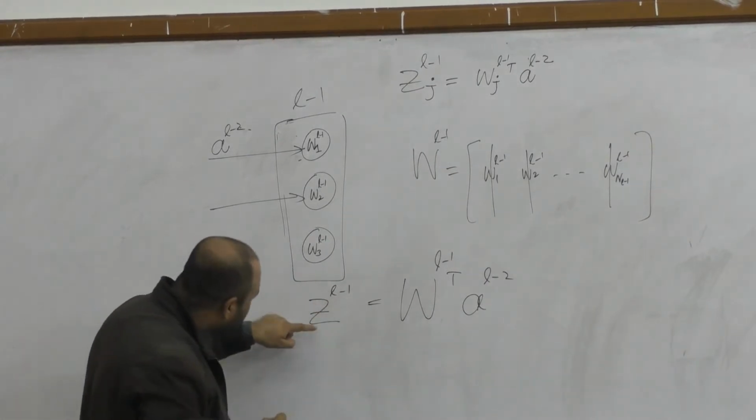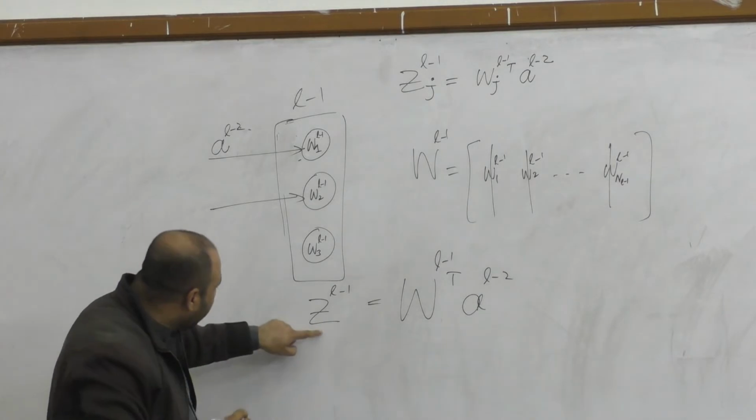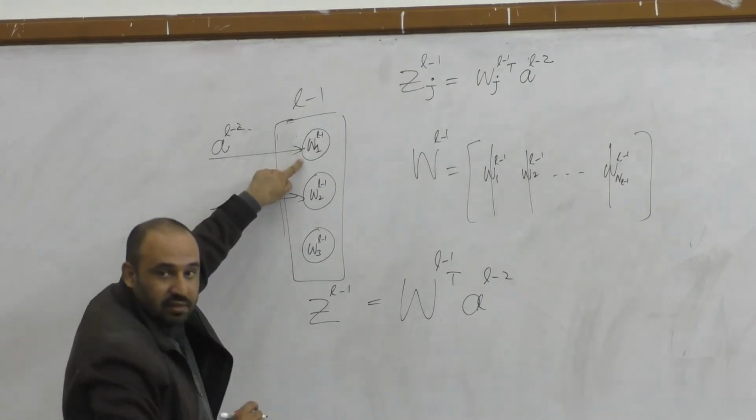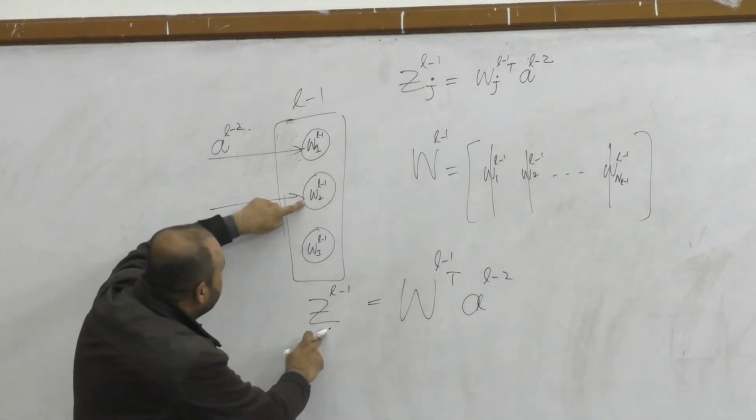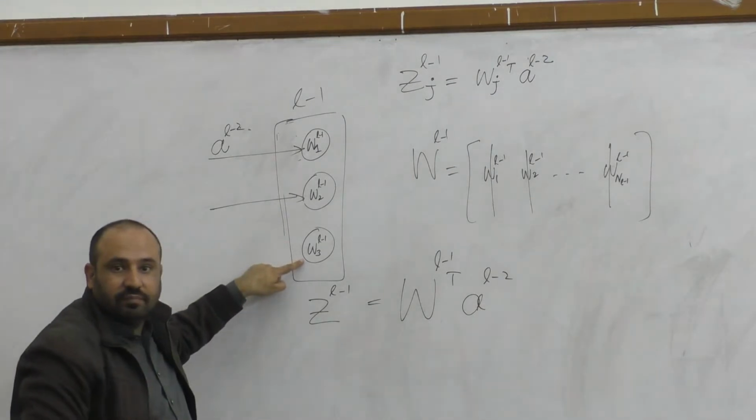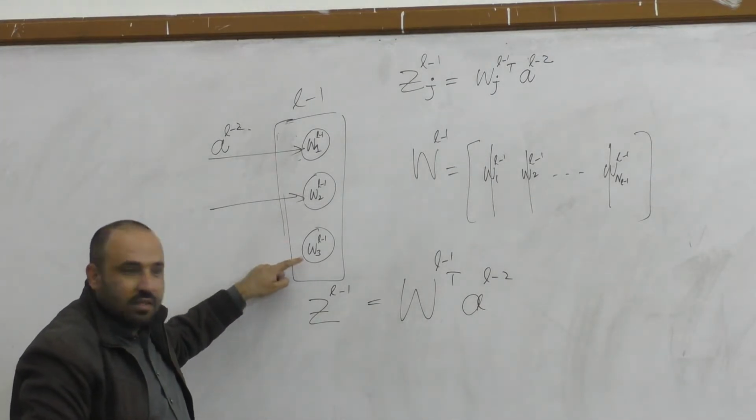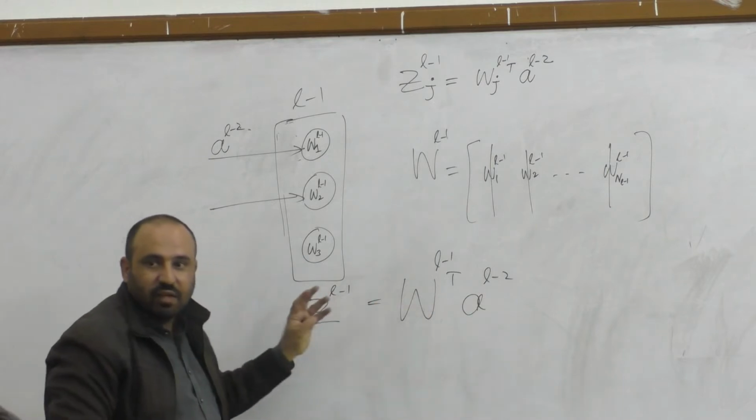This is a vector now. The first value of Z is Z1, the second value is Z2, the third value is Z3 and so on. Make sense? So that's the forward pass.